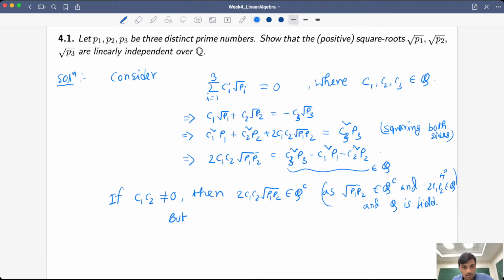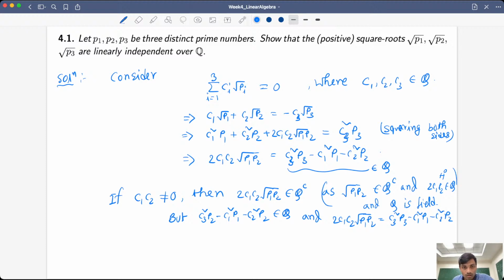But c3 square p3 minus c1 square p1 minus c2 square p2 belongs to Q, and these two are equal, 2 c1 c2 root p1 p2.